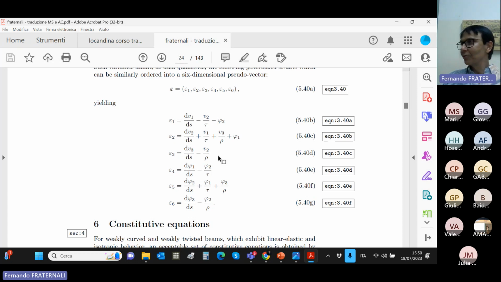It's not possible to use the theory of the straight beam.